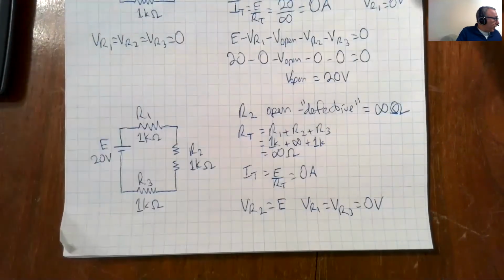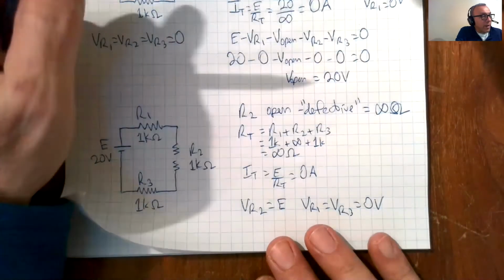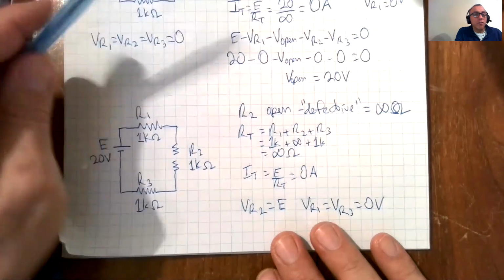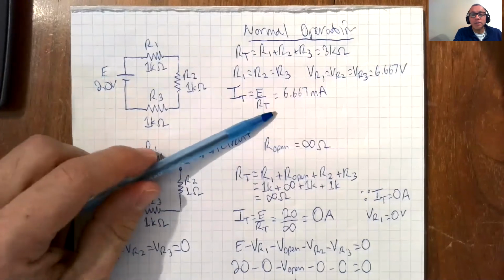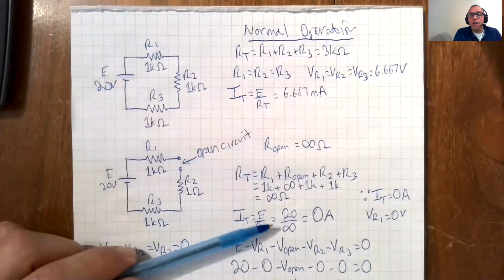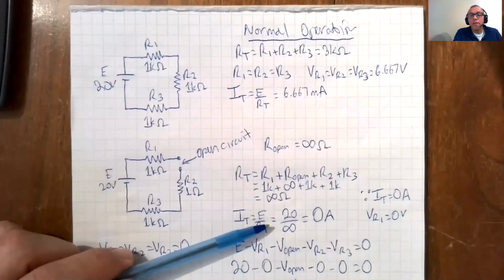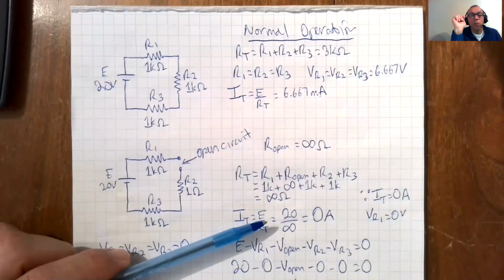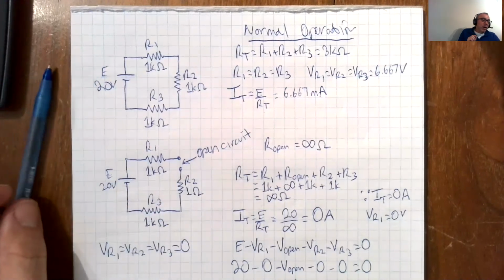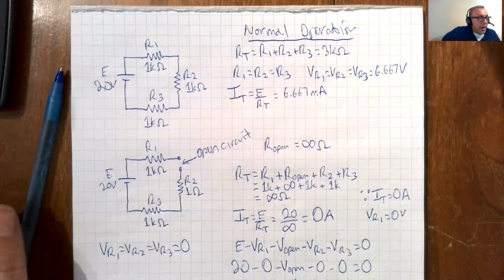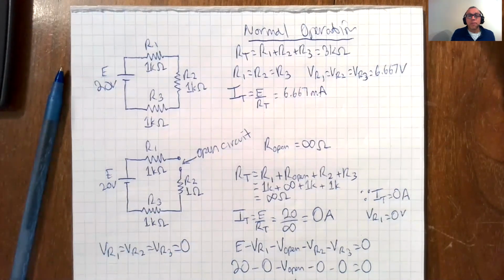In a circuit that has an open, you were expecting a certain current. We were expecting 6.667 milliamps, and we end up with 0. The fact that we end up with 0 means something is open somewhere. All right, that is the difference between a normal operation, a short-circuited load, and an open in the circuit.